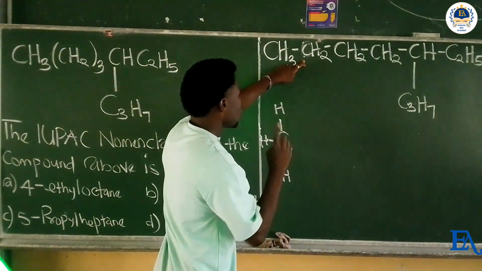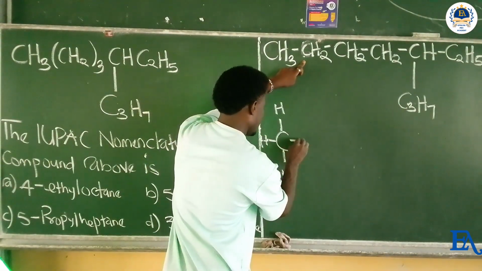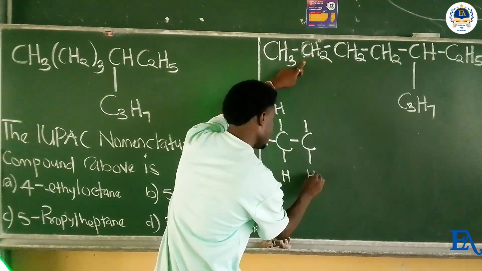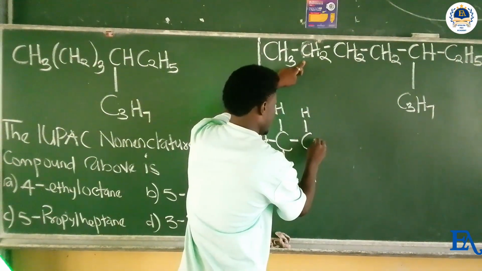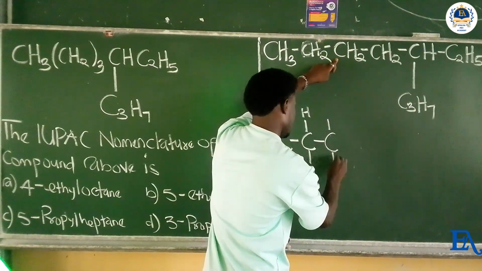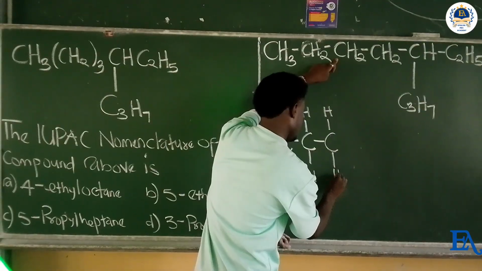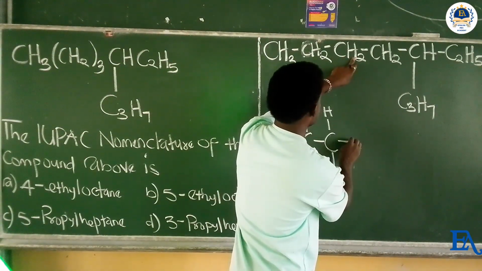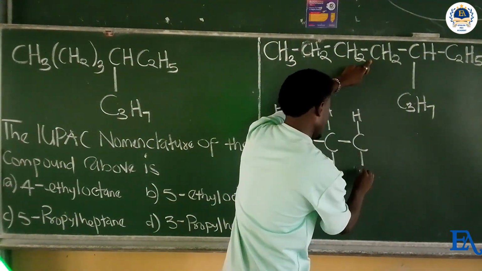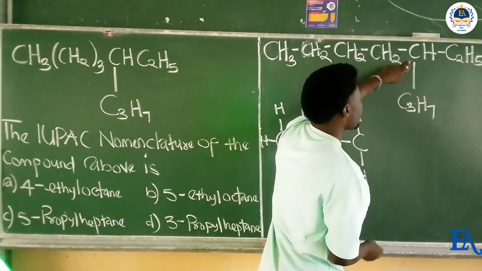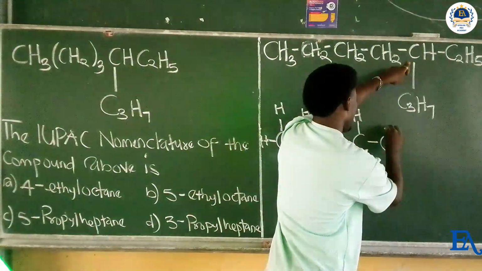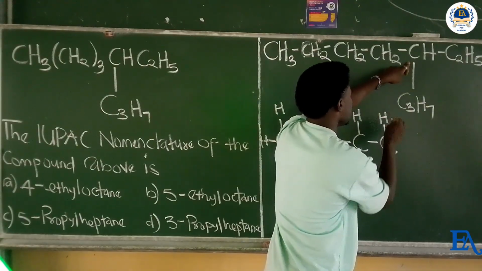The next is 1C and 2H, 1C and 2H, again 1C and 2H, and 1C and 2H. Now we have 1C and 1H.